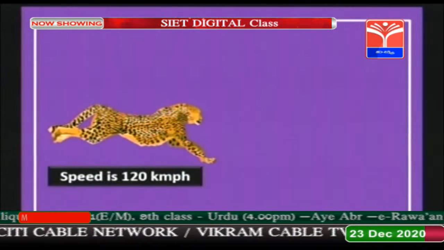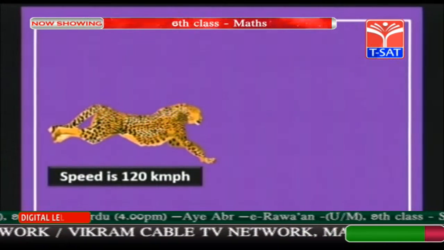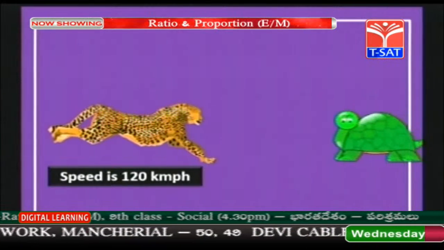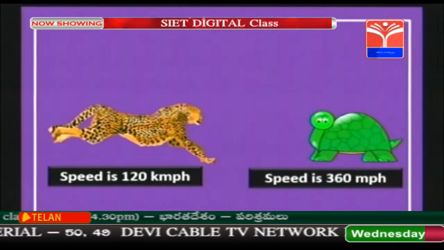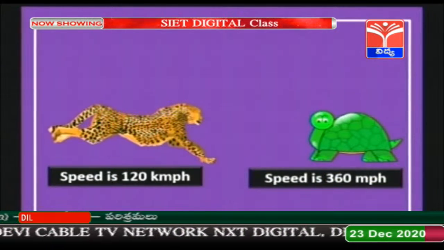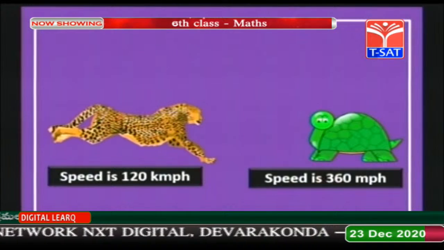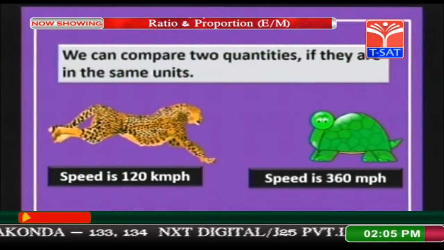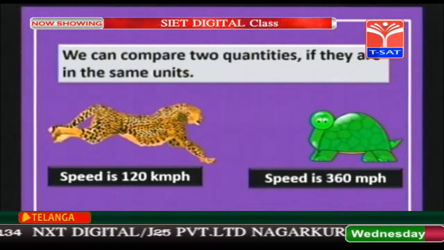Now let us take an example of a cheetah. The speed of the cheetah is 120 kilometers per hour, whereas the tortoise's speed is 360 meters per hour. Now can we compare the quantities here? Yes, but only if they have the same units.